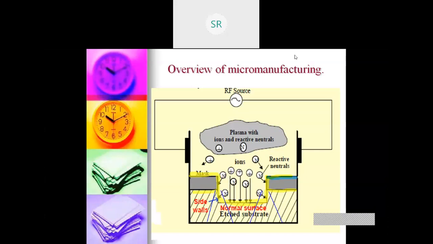Why? Because say I take this as something like an actuator. Say I am doing an electrostatic actuator. Under that condition, I connect this to the positive supply and this to the negative supply, and as a result there is a force of attraction between these two electrodes.